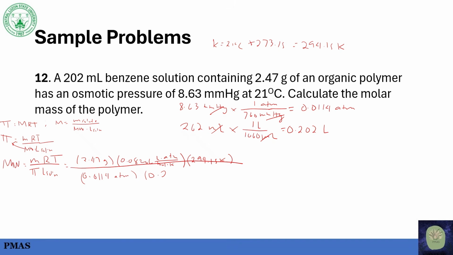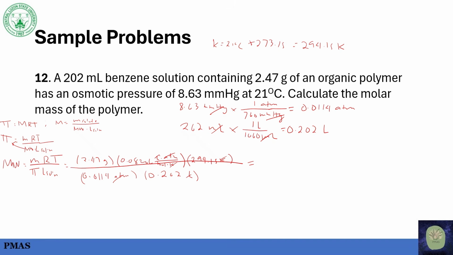Okay. We have a lot to convert for this problem. So now, let's just check the units. Cancel the liters. We can cancel the atmosphere. We can cancel the Kelvin, leaving us with grams per mole, which is the unit of molecular weight.